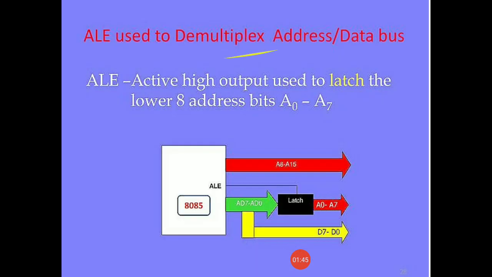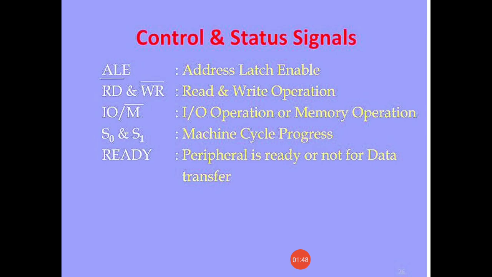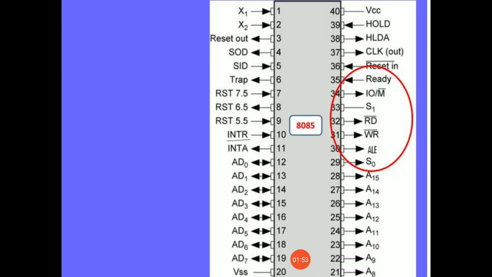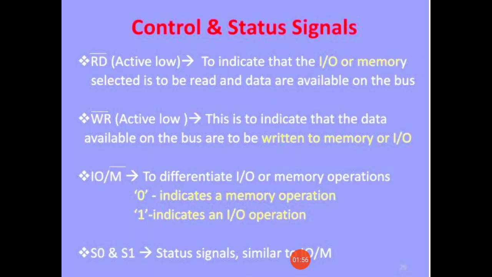The next pin of these control and status signals is IO/M bar. IO is input output, M represents memory. IO/M bar is a status signal which distinguishes whether the address that the address bus, that is AD0 to AD7 and A8 to A15, means A0 to A15, is carrying is for memory or for input output.